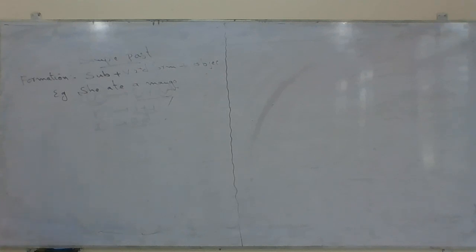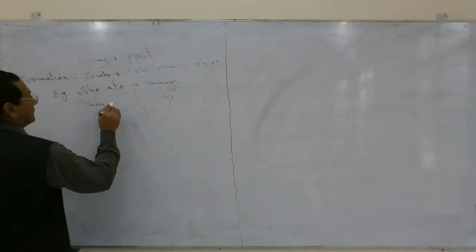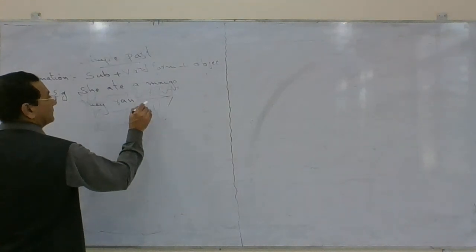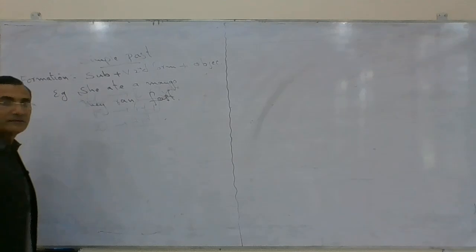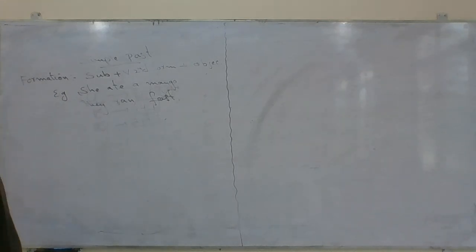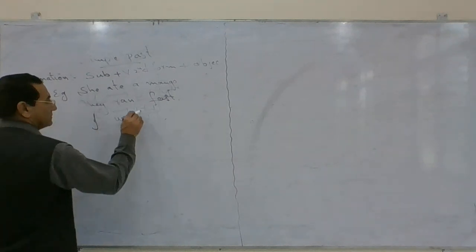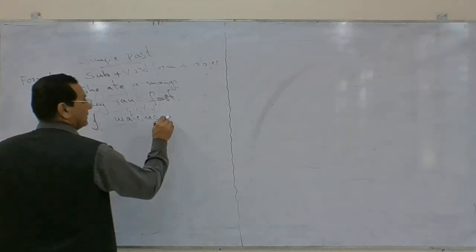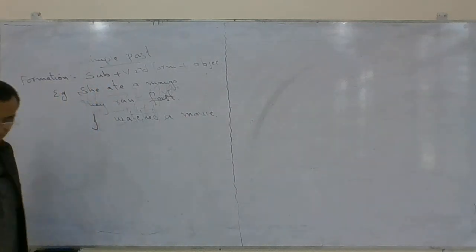With all of the subjects, you will write the second form of the verb. They ran fast. I watched a movie.